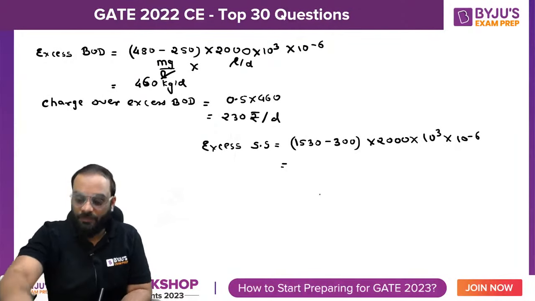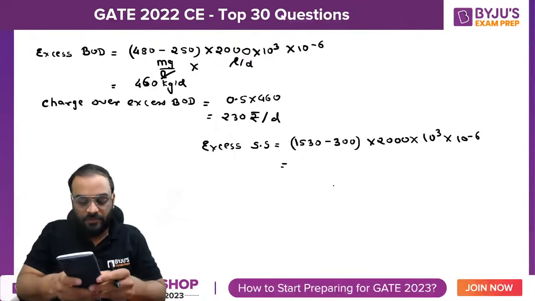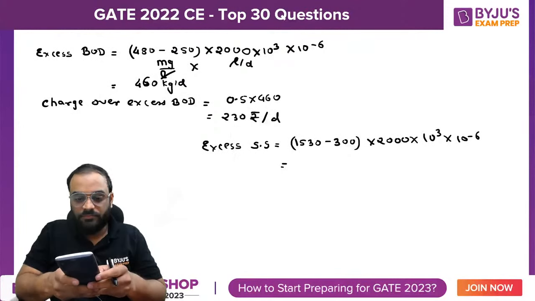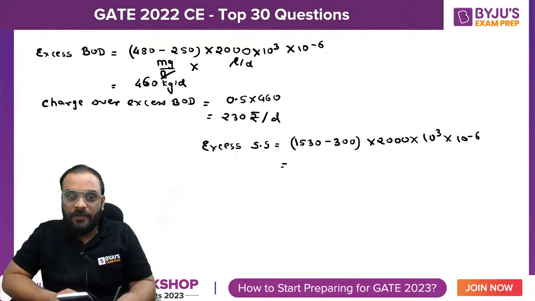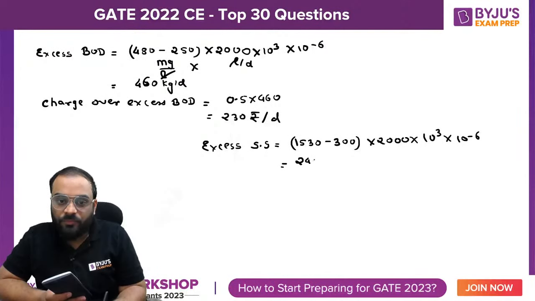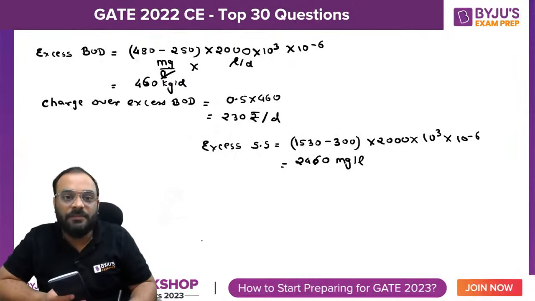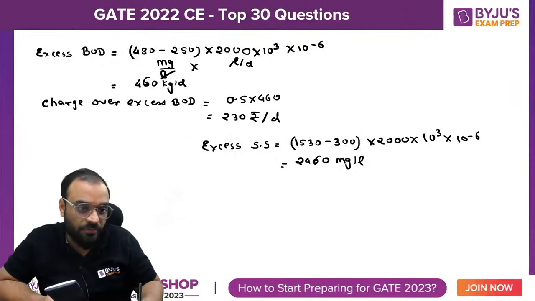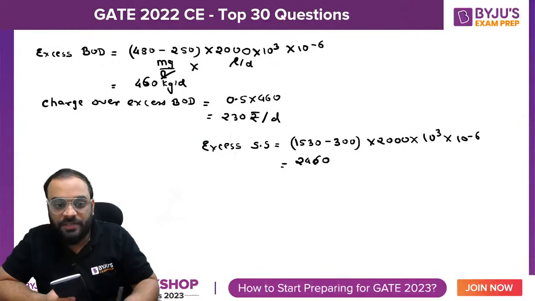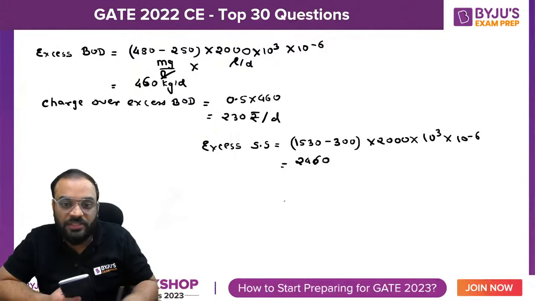If you solve it, how much will you get? 2460. Sorry, not milligram per liter, this value is in kg per day.